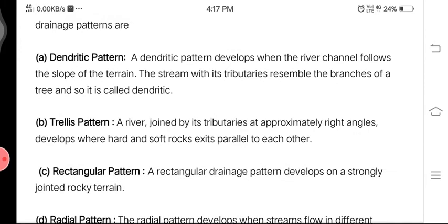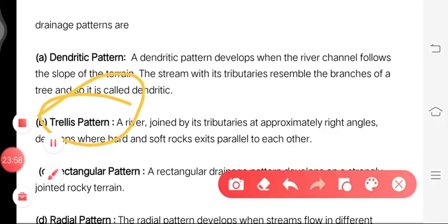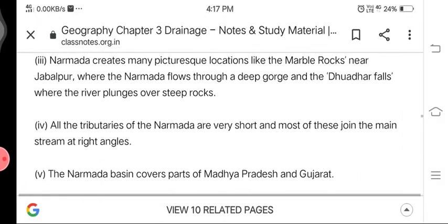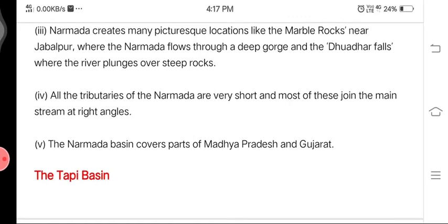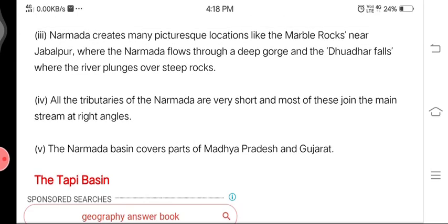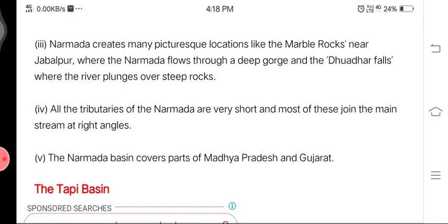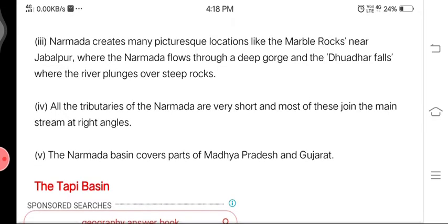It means the pattern of this river system is a trellis pattern. The Narmada basin covers parts of Madhya Pradesh, which means it drains some parts of Madhya Pradesh and Gujarat.